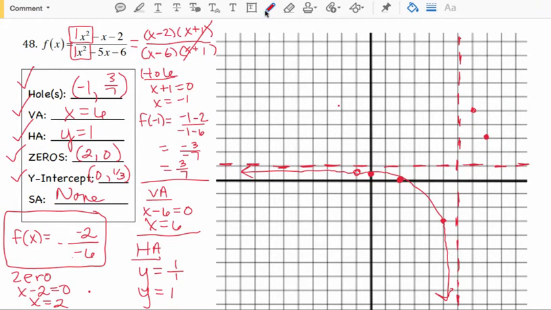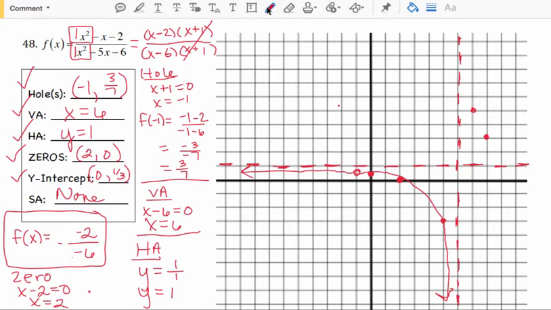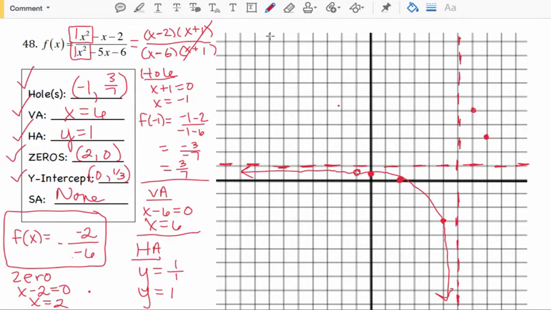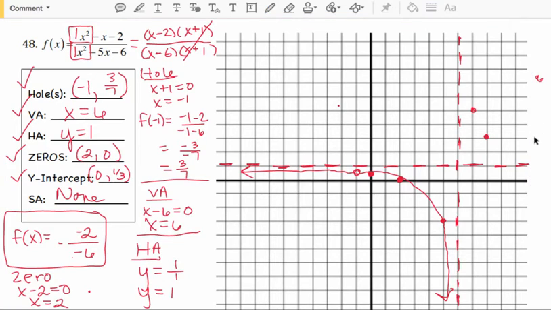And over here on the right side, I won't be crossing this vertical asymptote, because you never cross a vertical.